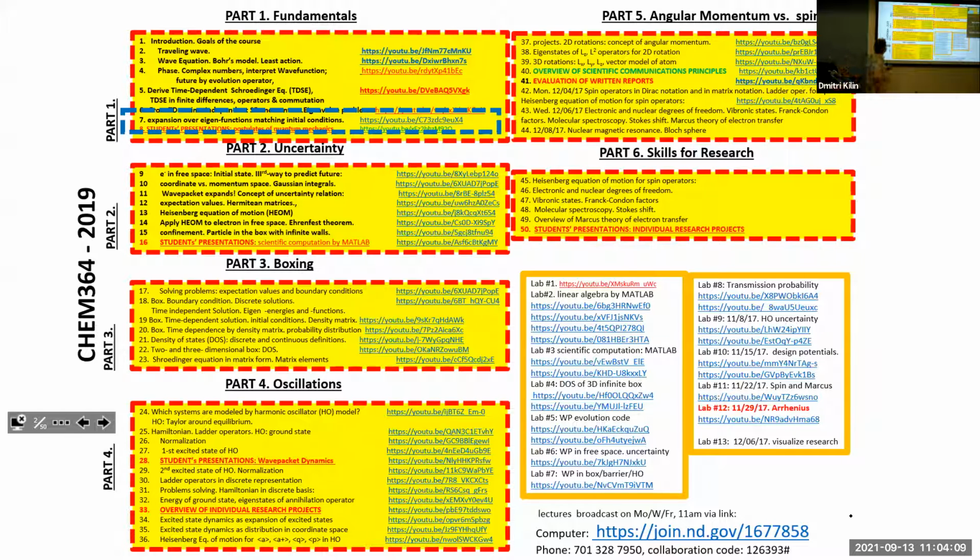So here is a little plan of where we are, and I got tired updating this table from year to year, but we see the plan. We swapped 8 and 7, so we did presentations on postulates, and we do the last thing in the chapter of fundamentals. And then there will be a chapter on uncertainty, where we will consider free electron in space. Then there will be electron confined in a box, which is kind of oversimplification of a molecule.